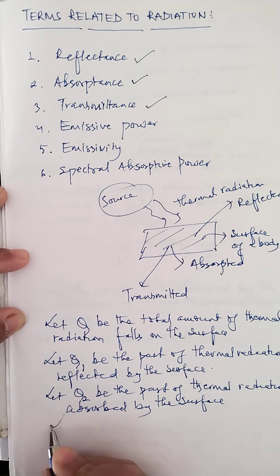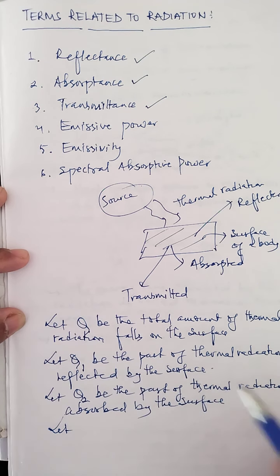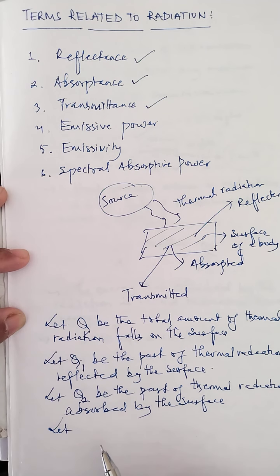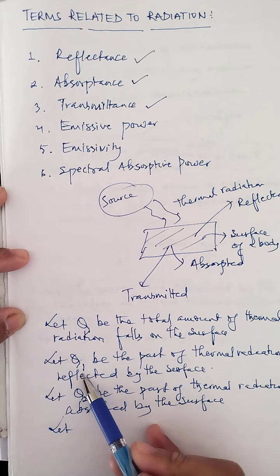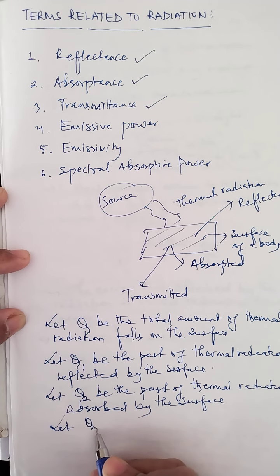And lastly, of the Q amount of heat or thermal radiation falling on the surface, two parts are the part reflected by the surface and the part absorbed by the surface. So definitely the remaining part of the thermal radiation must be transmitted by the surface, and that part I will consider as Q3.